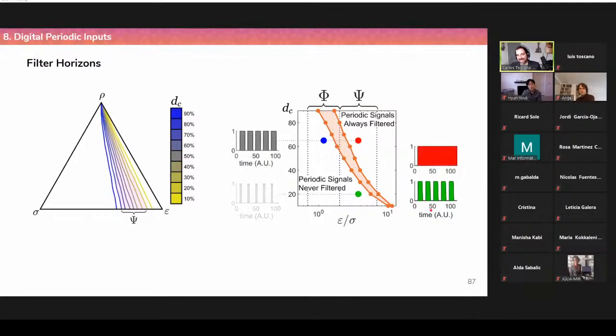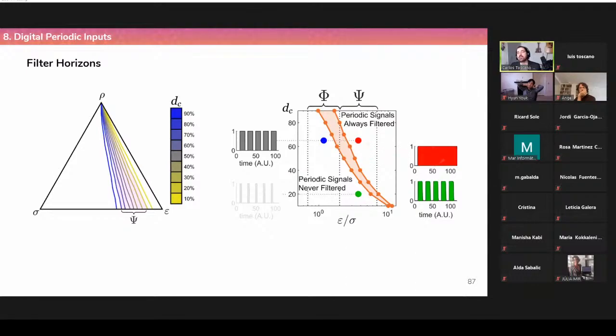Now, if we instead supply some other input signal, in this case with a duty cycle of 65%, and we see what happens with the culture with the red dots, meaning that it is exactly the same ratio of emitter over sink, but in this case, because we have increased the duty cycle of the input, we are now in a region where periodic signals are always filtered.